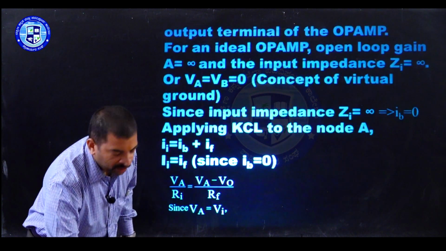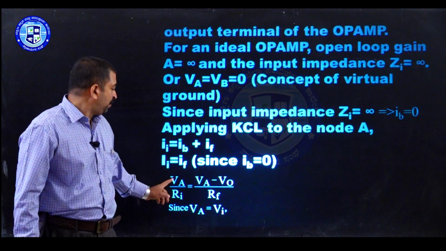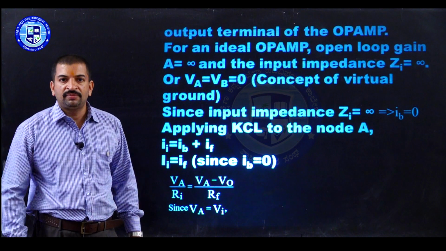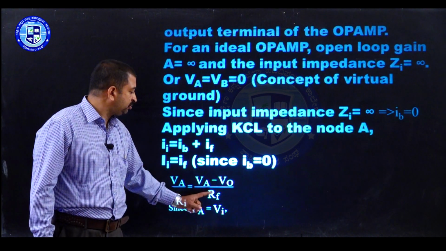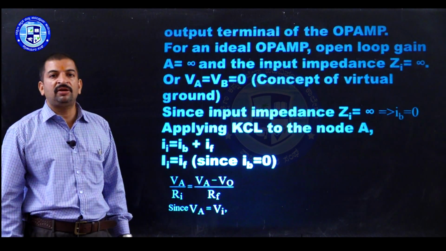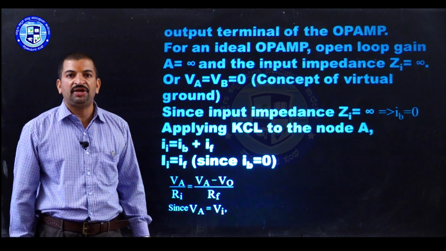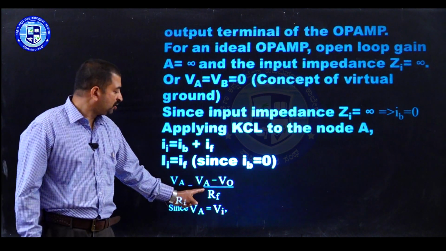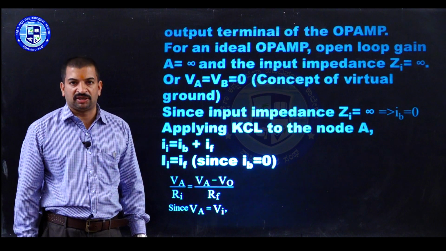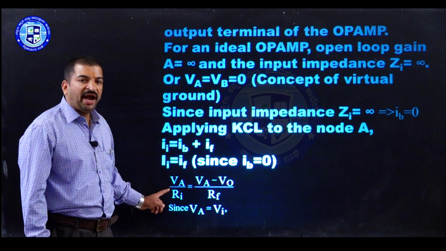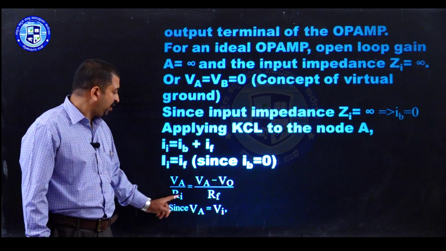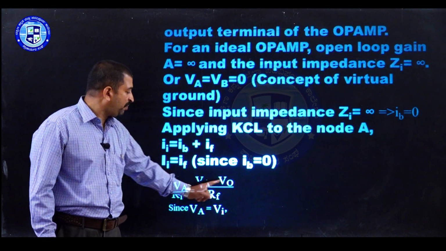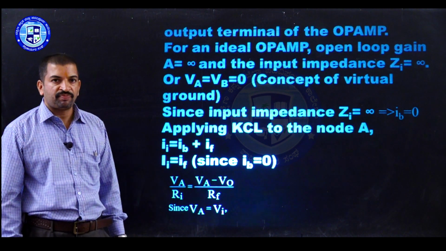Therefore, let us substitute in this equation: VA divided by Ri is equal to VA minus V0 by RF. VA minus V0 is the voltage across the feedback resistor, divided by RF gives you the current flowing through the feedback resistor. Therefore, Ii is nothing but VA by Ri and If is nothing but VA minus V0 by RF.